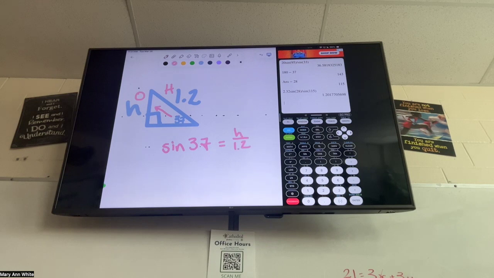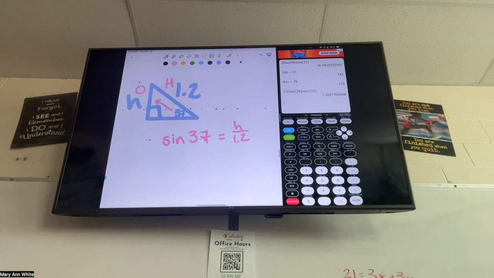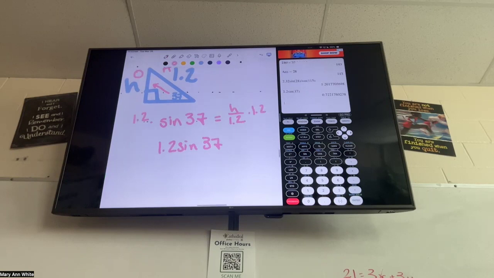Sometimes we do so many harder things that you forget basic stuff. So this is just our basic sine, like my sophomores could do this step right here. Multiply by that 1.2 on both sides, and we'll put 1.2 sine 37 in the calculator to get my final answer. And then that will be the end. That will be my height, that will be my altitude.